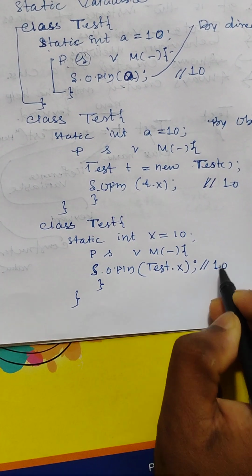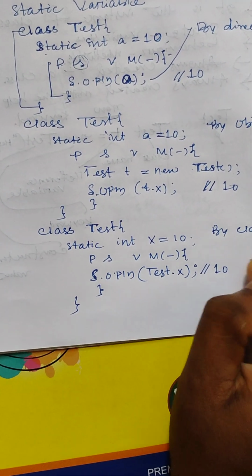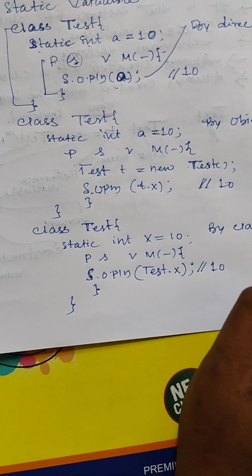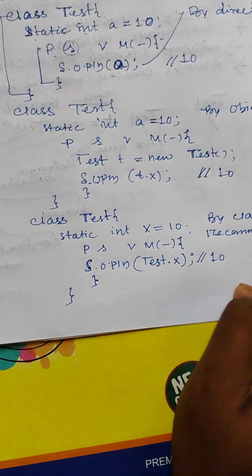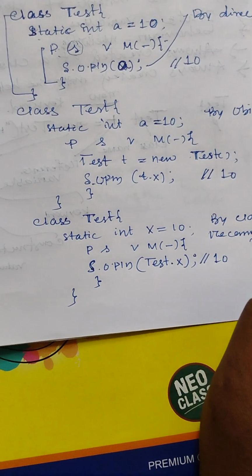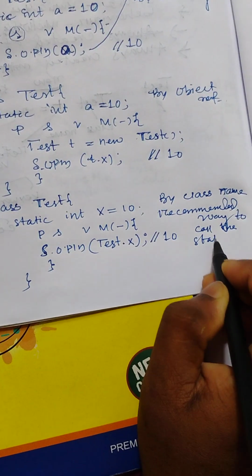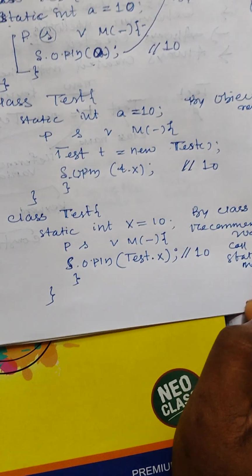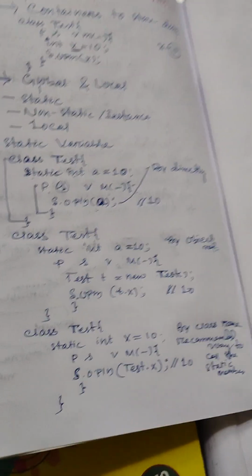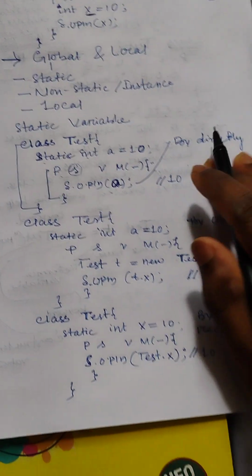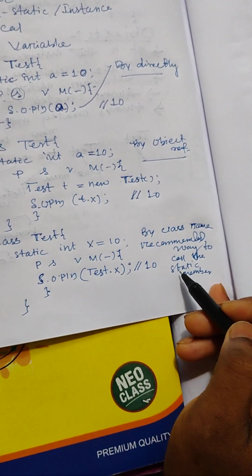Here also the output will be 10, and this is by class name, the recommended way to call a static member. A static variable can be called in three ways: directly, by object reference, and by class name.